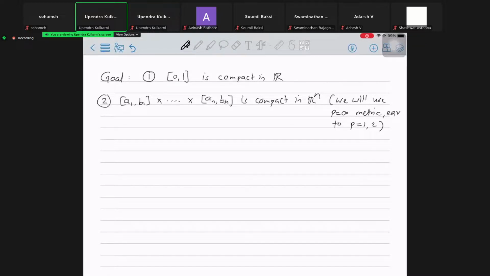All right. So before we get started, let's recall the definition of compact.